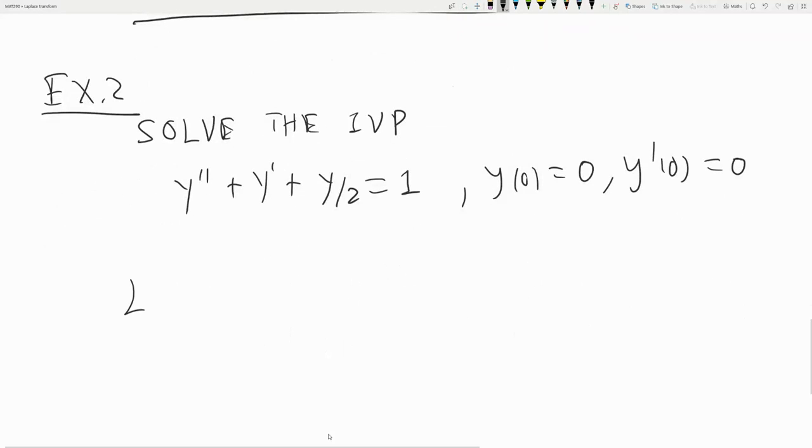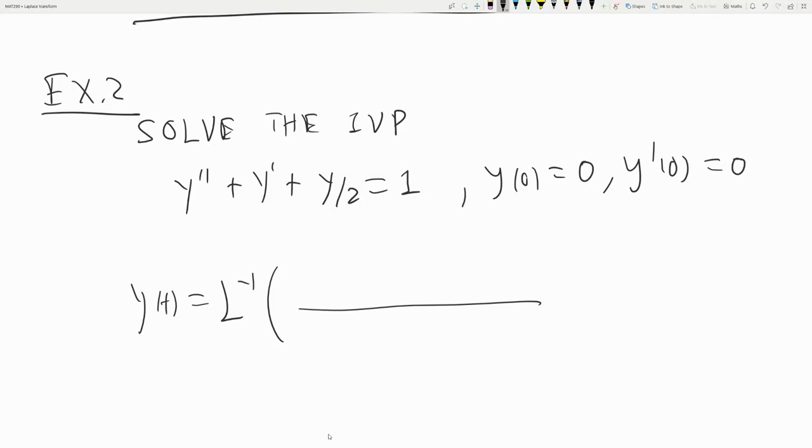We use our formula, so y of t is equal to Laplace inverse of 1 over s squared plus s plus 1/2, and then on top we have L of 1, okay, and the other two are 0.